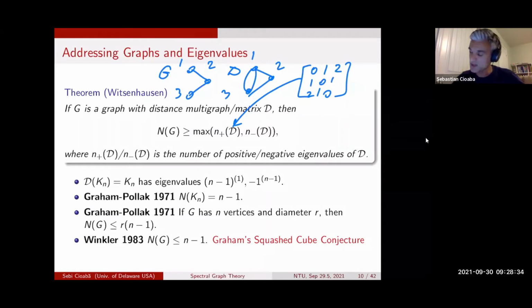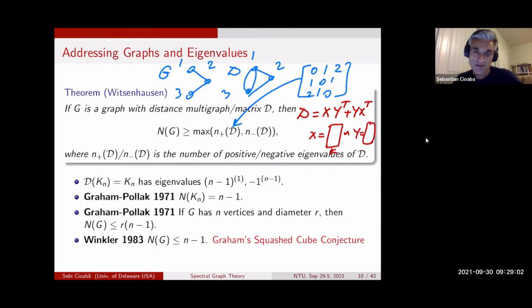Essentially, the key to it is the fact that if you look at this distance multigraph matrix, it can be written in a certain form. It can be written as xy transpose plus yx transpose, where x is a tall matrix with n rows and k columns, and y is also a tall matrix.